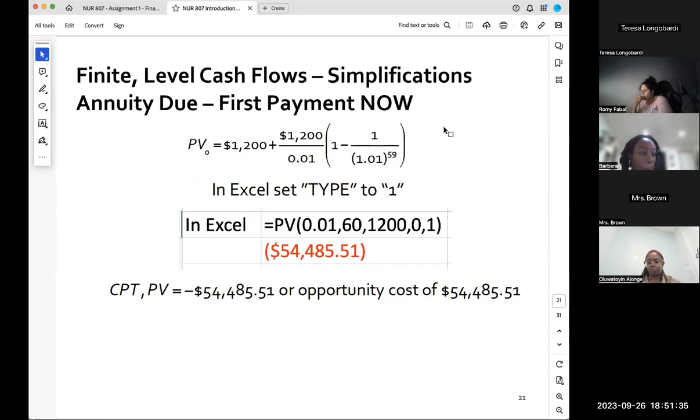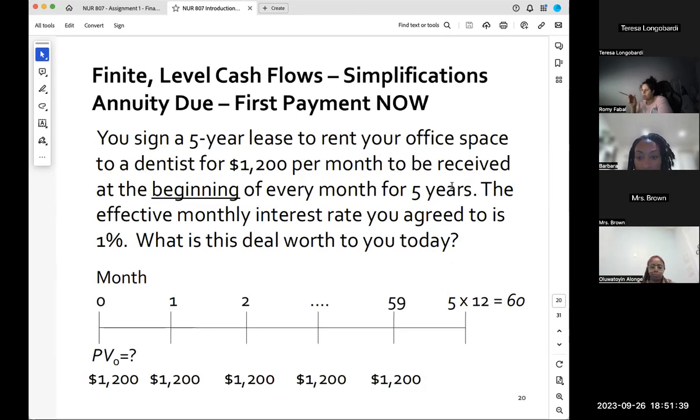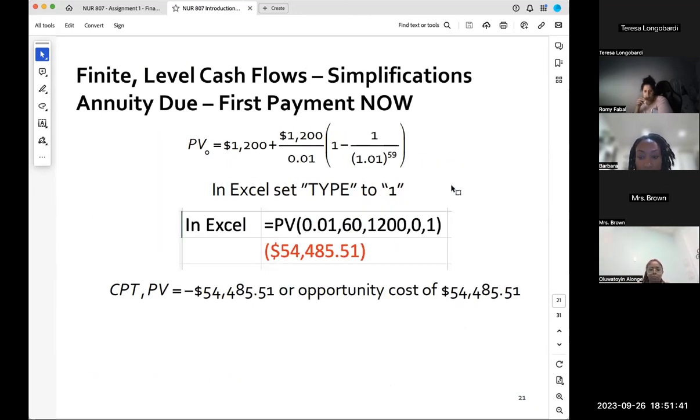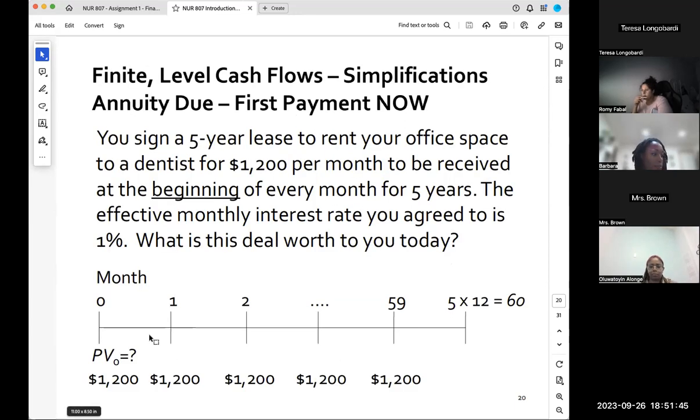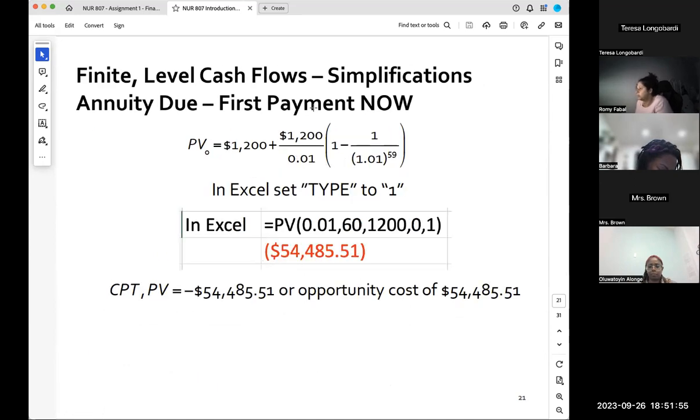And see, I created a new formula because I can't use the original formula. It doesn't apply. The original formula only applies starting here at number 1, and it only applies for 59 payments. So that leaves this one out. So I have to create a new formula with the original annuity formula plus that first one.